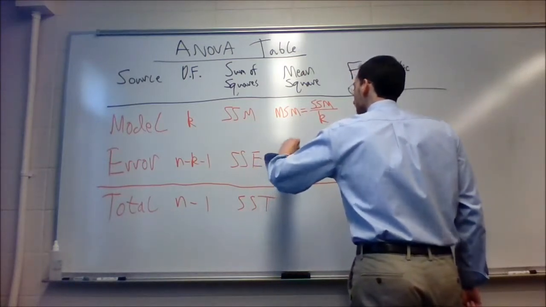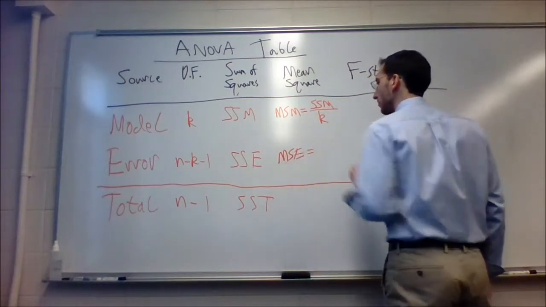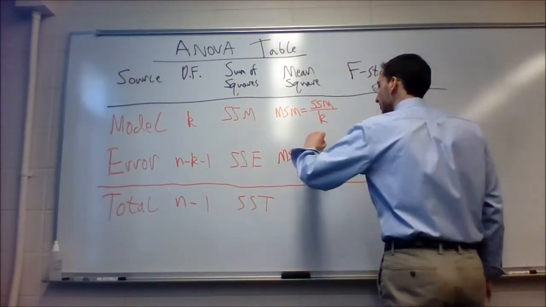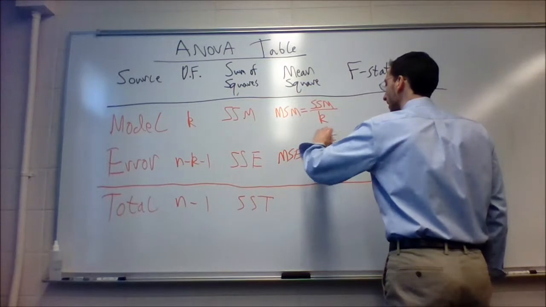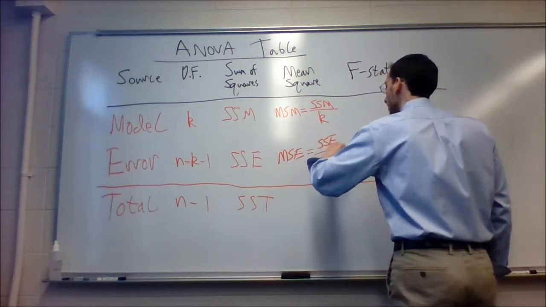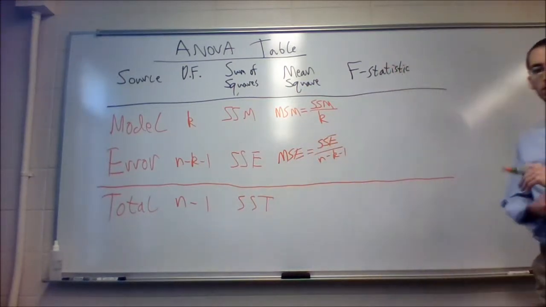Similarly, mean square error, or MSE, I can just say is the sum of squares error divided by n minus k minus 1.